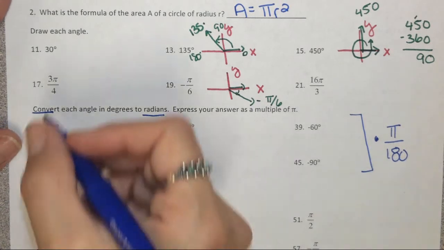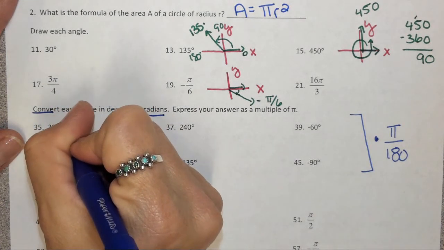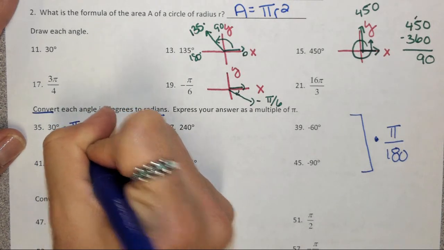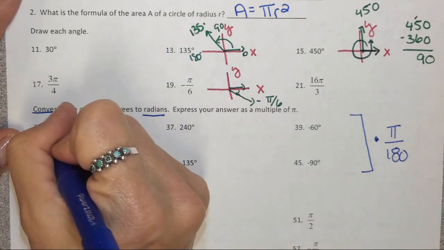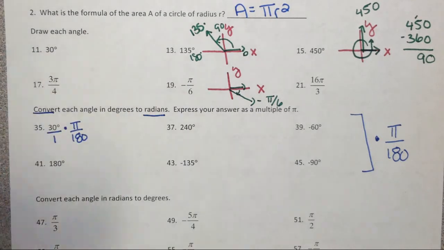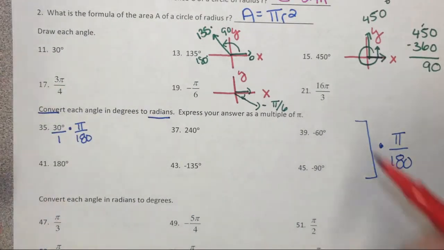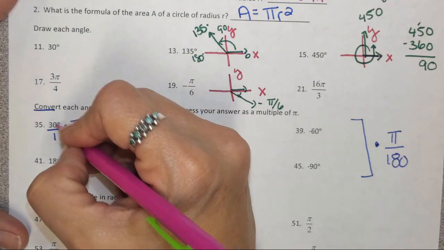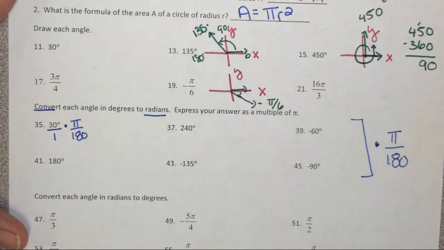If I were to do number 35, I'm going to have degrees times pi over 180. I'm going to put my 30 over 1. I'm going to go ahead and do some reducing here. So because I have them both ending in a 0, I can cross out the zeros.